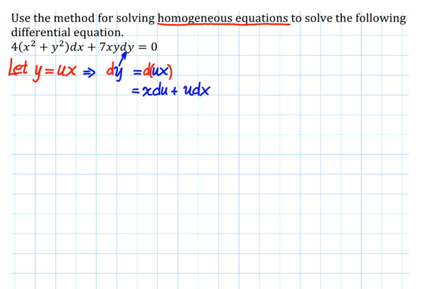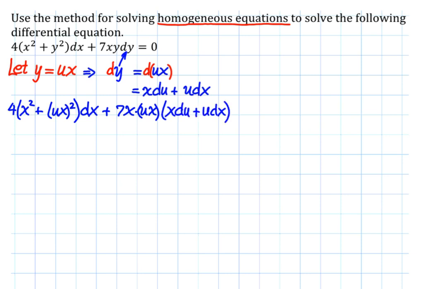Right, now just substitute. We have 4x squared, y is going to be u times x. So u times x squared dx, still dx, plus 7x, and then y is going to be ux, and dy is going to be x du plus u dx.